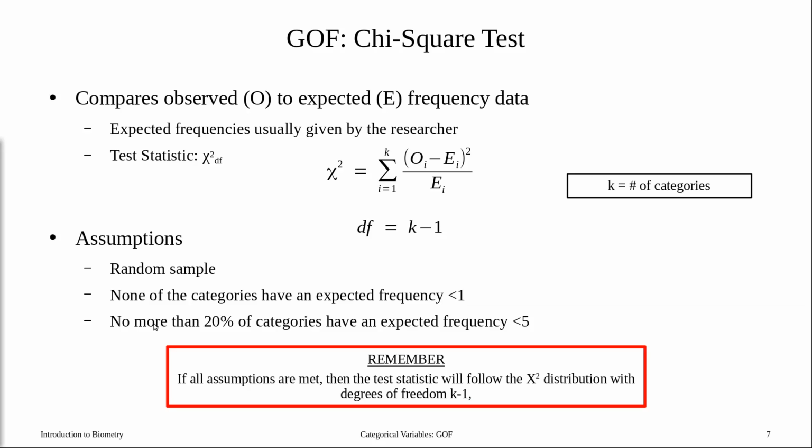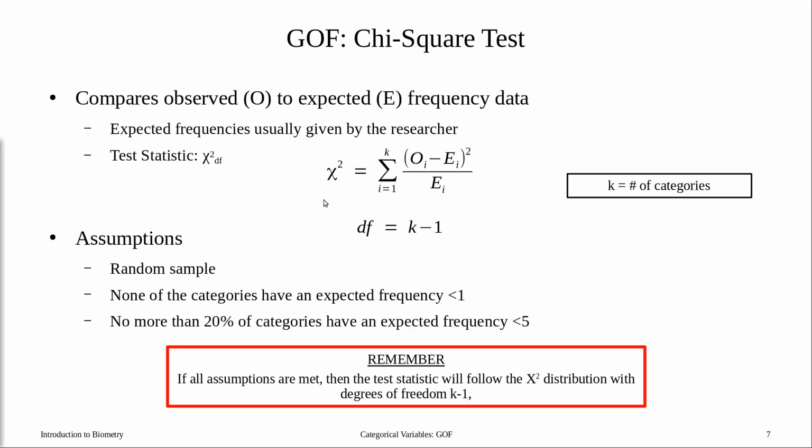Also, no more than 20% of our categories can have an expected frequency of less than 5. So low expected counts in our cells, in our categories, is problematic for this chi-square. The problem comes because it's going to increase our chi-square, and that means our chi-square is not going to be following the actual chi-square distribution.